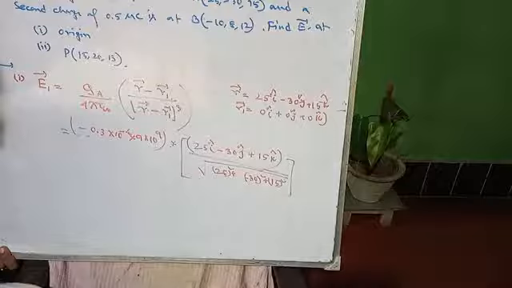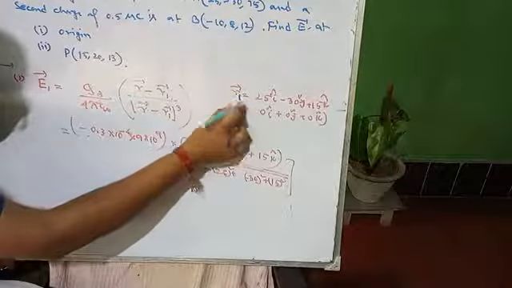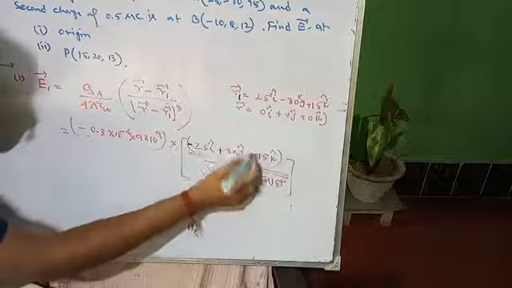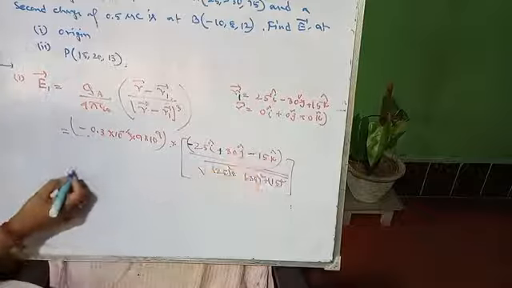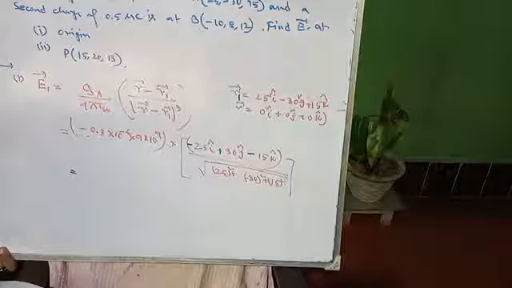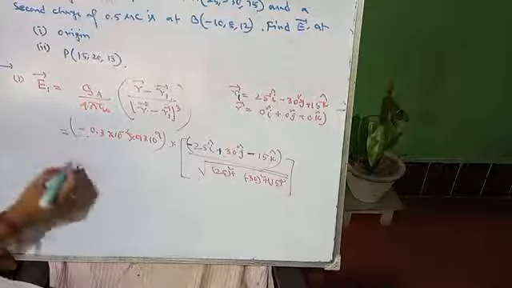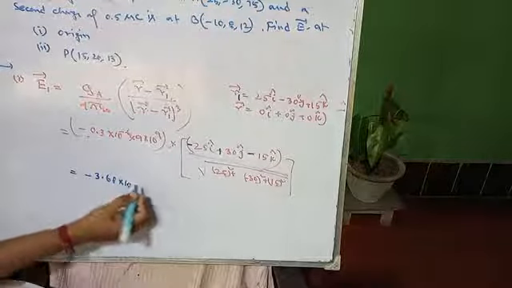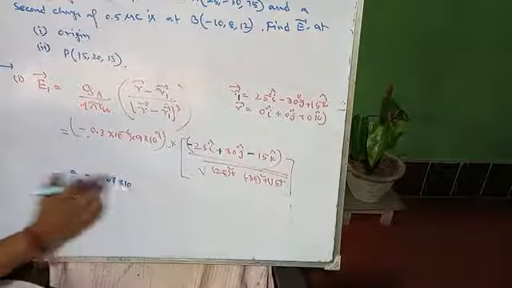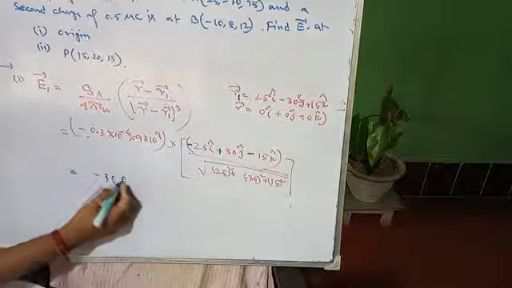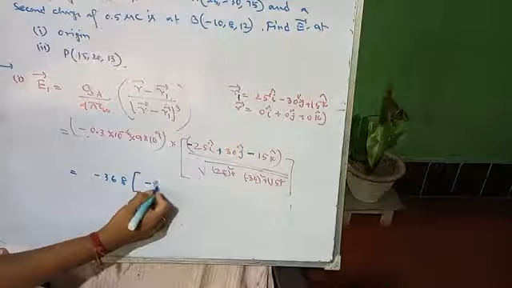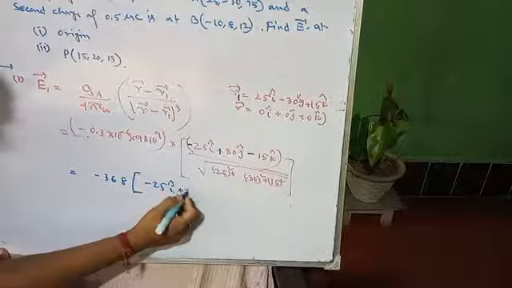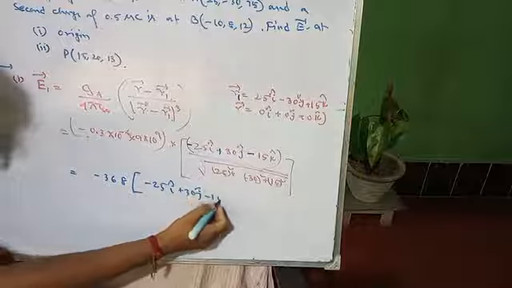Actually, this is R1 and this is R, so you have to take the signs accordingly. After calculating you can get the answer: minus 3.68 into 10 to the power 2, that is minus 368, take it common, times (minus 25 i cap plus 30 j cap minus 15 k cap).